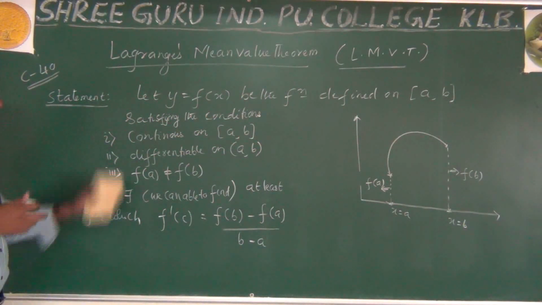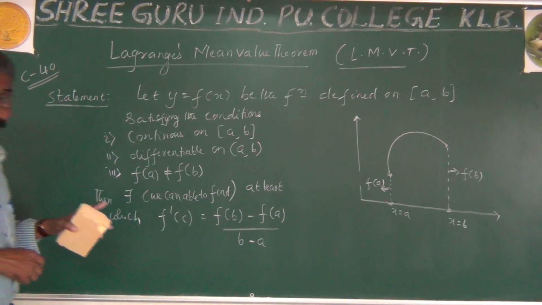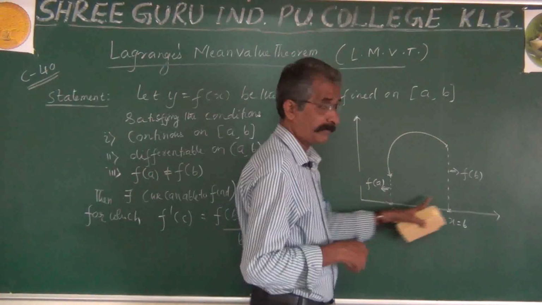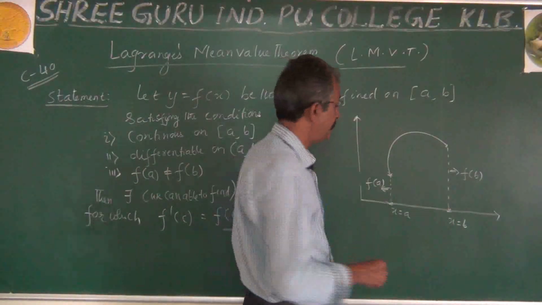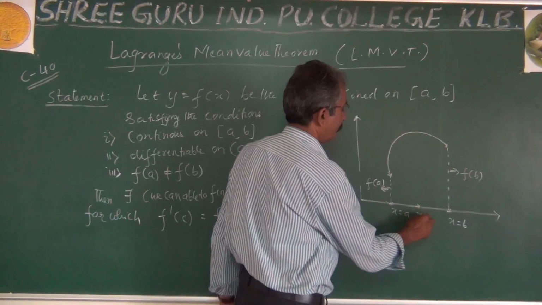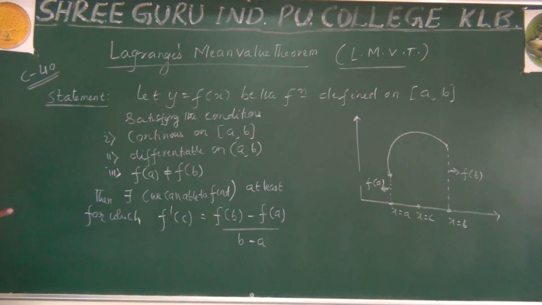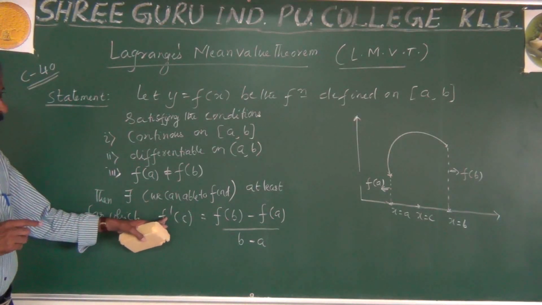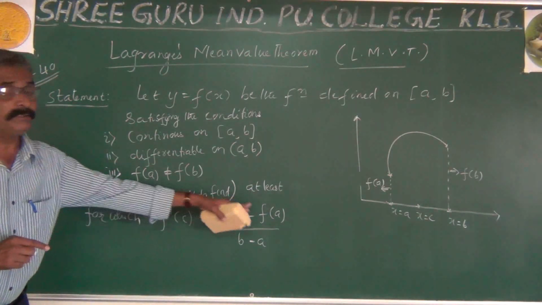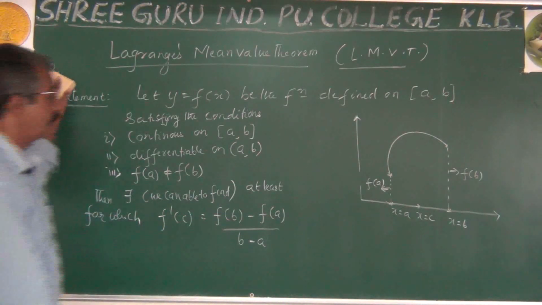After satisfying all these conditions, there exists at least one point in between a and b. That point is c. So this is point x equal to c. And at that point, f dash of c equals f of b minus f of a divided by b minus a.